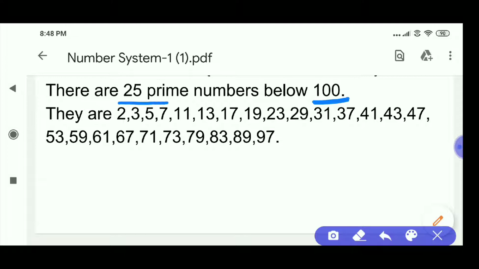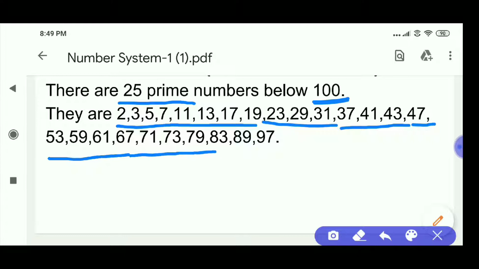We have 25 prime numbers below 100. They are 2, 3, 5, 7, 11, 13, 17, 19, 23, 29, 31, 37, 41, 43, 47, 53, 59, 61, 67, 71, 73, 79, 83, 89 and 97.